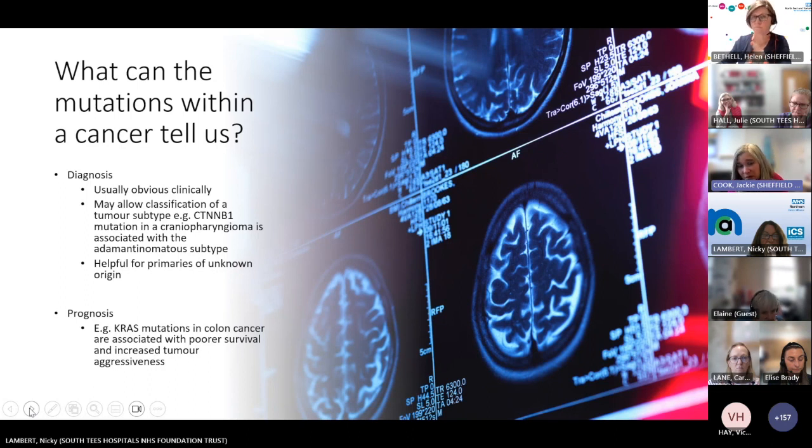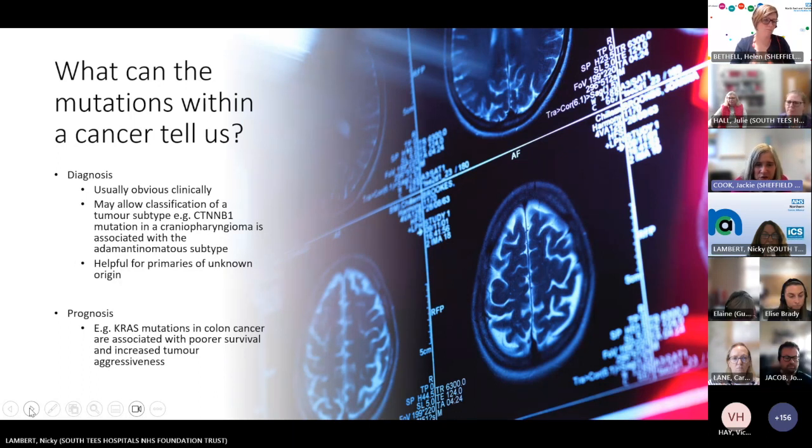I've given here a very rare example only because I saw a child with this recently with a craniopharyngioma, and analysis of the mutations within that brain tumour showed that there was a mutation in a gene called CTNNB1, and we know that you see that in association with a particular type of craniopharyngioma.